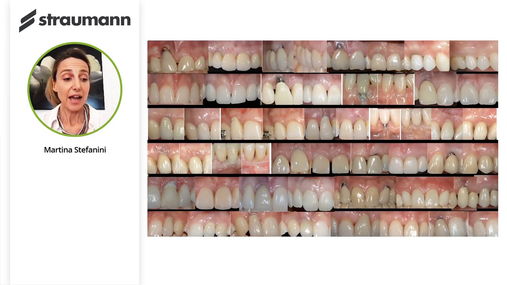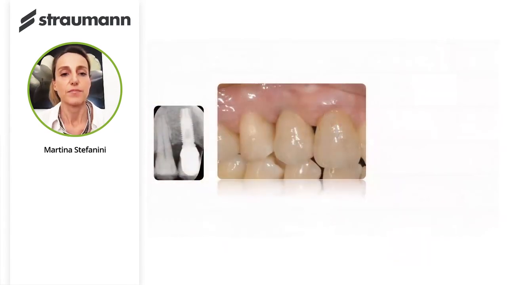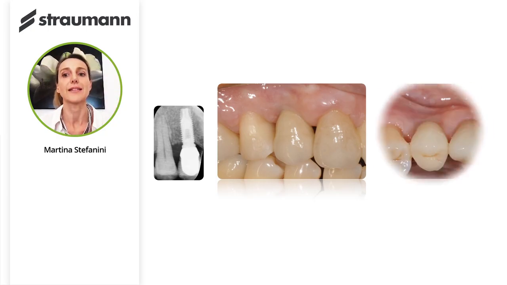So the idea at the beginning was how we can solve this aesthetic failure, this implant with an aesthetic failure. And in this case, we start with these, let's say, easier cases. In this patient, we don't have a real soft tissue dehiscence in the apical coronal dimension.